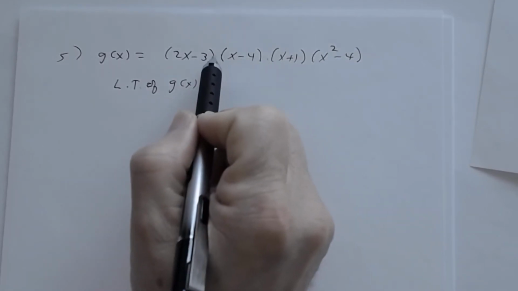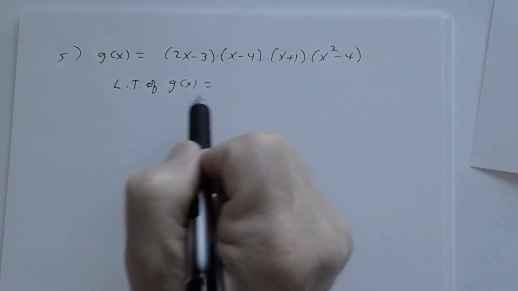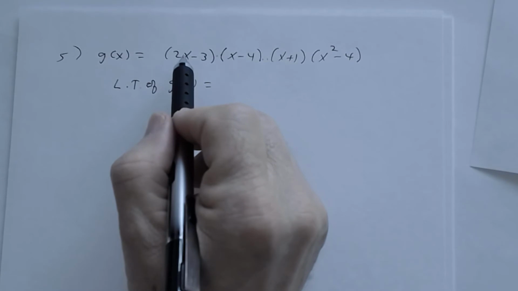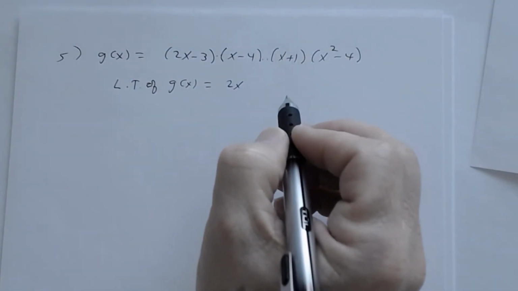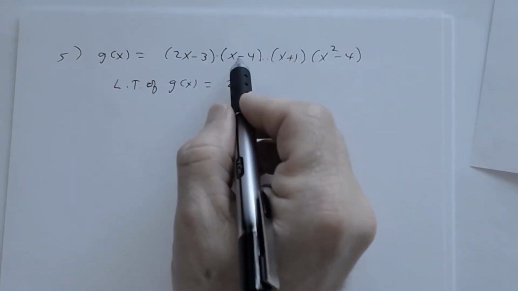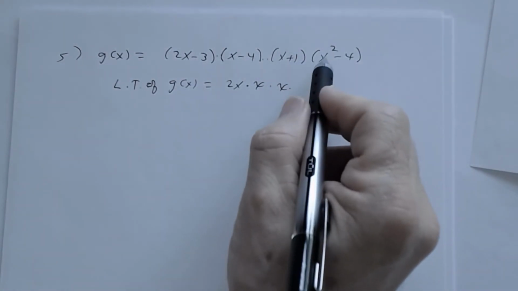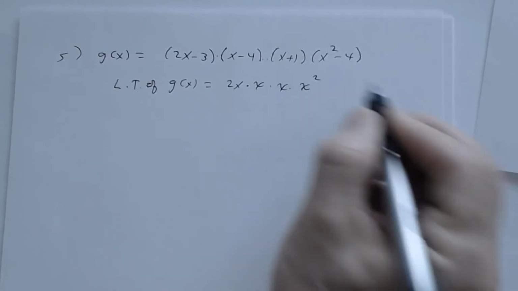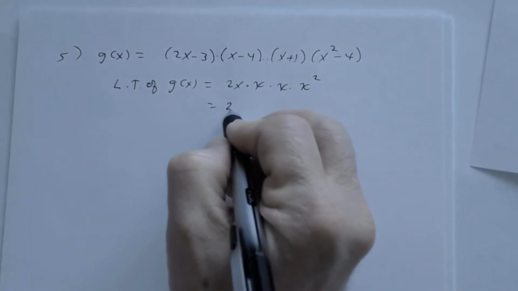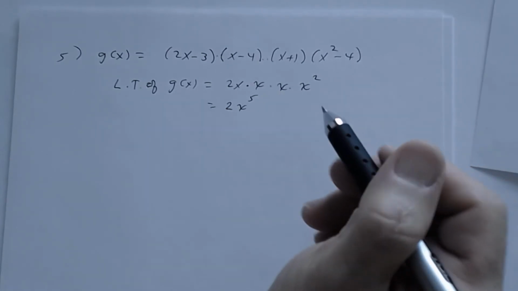The leading term of the first factor is 2x. Remember, the leading term is the term with the larger exponent for the variable. Then the leading term is x, then x, and in the last factor, the leading term is x squared. Multiplying that out, 2x times x times x times x squared is 2x to the 5th power. So we found the leading term.